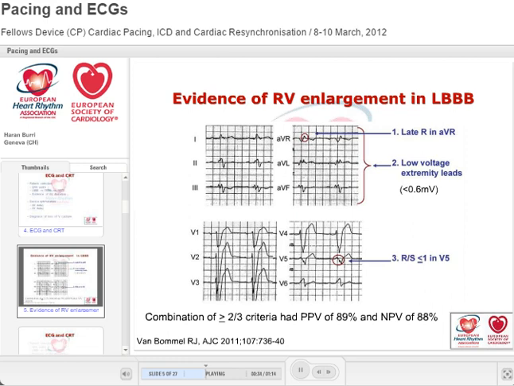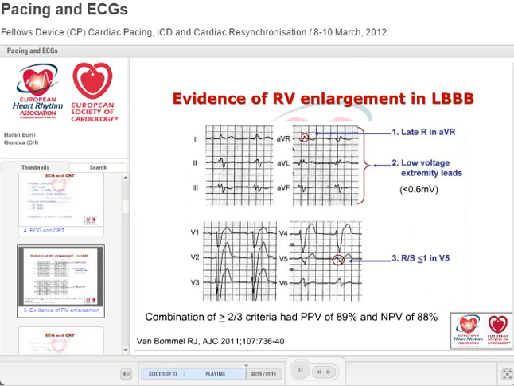And finally, you have very late transition with a negative QRS complex in lead V5, transition only in lead V6 or later, implying that you have counterclockwise rotation of the heart because the left ventricle is being pushed away from the sternum, thereby explaining why you have this configuration.